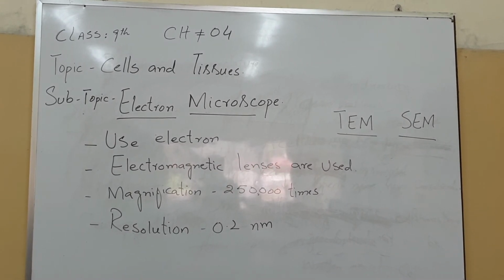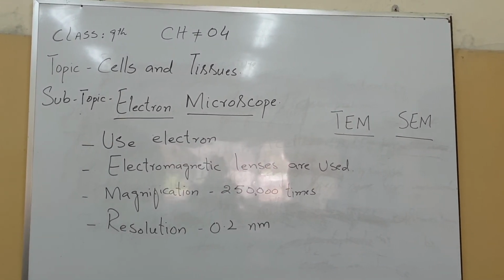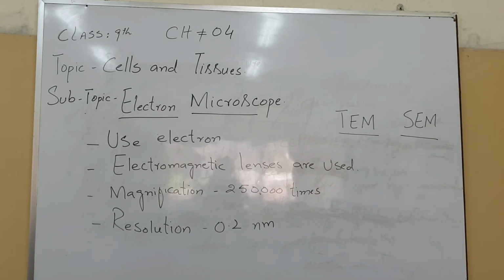The second one is the use of electromagnetic lenses. Electromagnetic lenses are present in a vacuum chamber, and when electrons are passed through the object, the specimen, those electromagnetic lenses then produce an image of that object on a large screen.